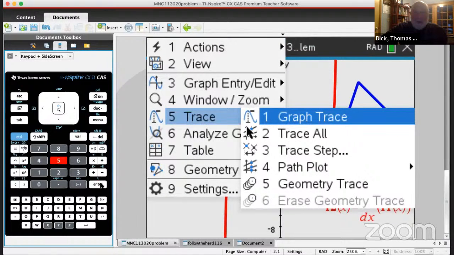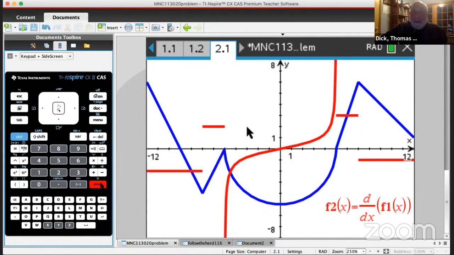So I'm doing a graph trace, and I'm on the blue function graph. Let me go ahead and up arrow to the red function graph. Okay, and there we have that derivative. So this would be our second derivative, since the blue function is actually the first derivative of what we're looking at.